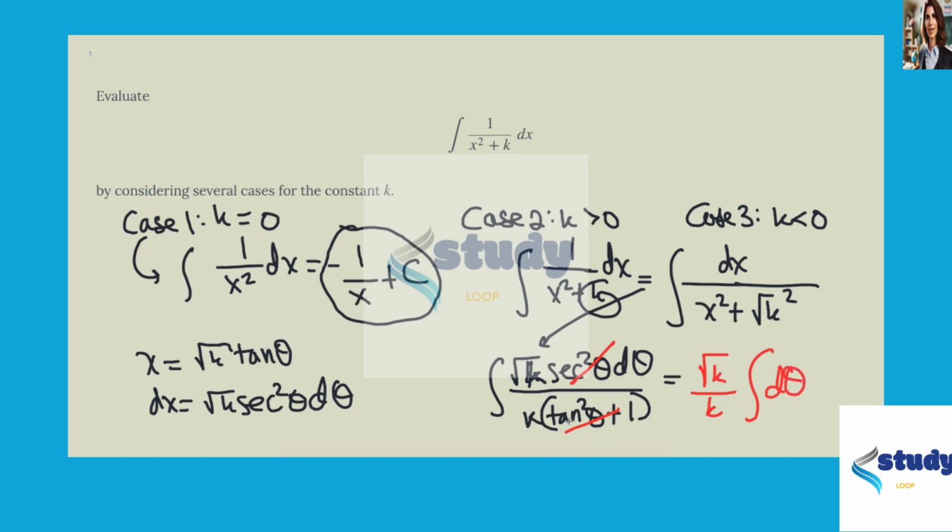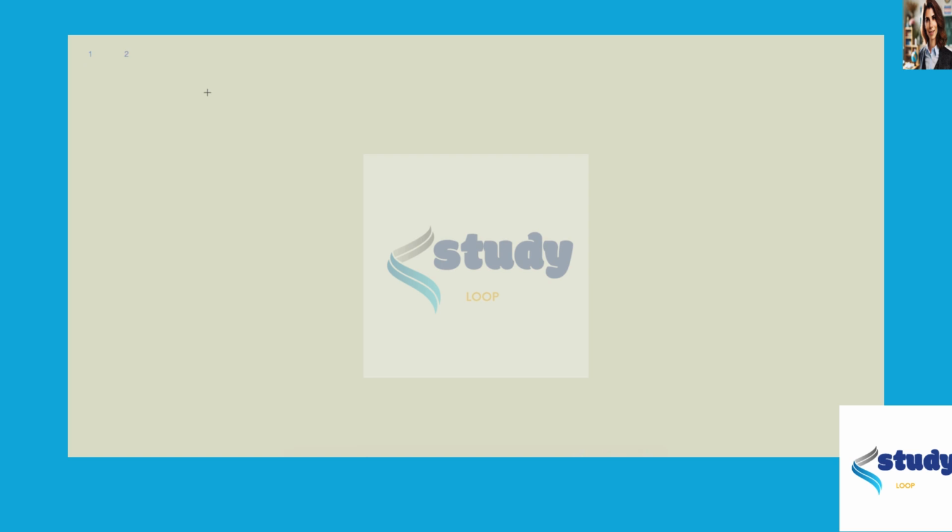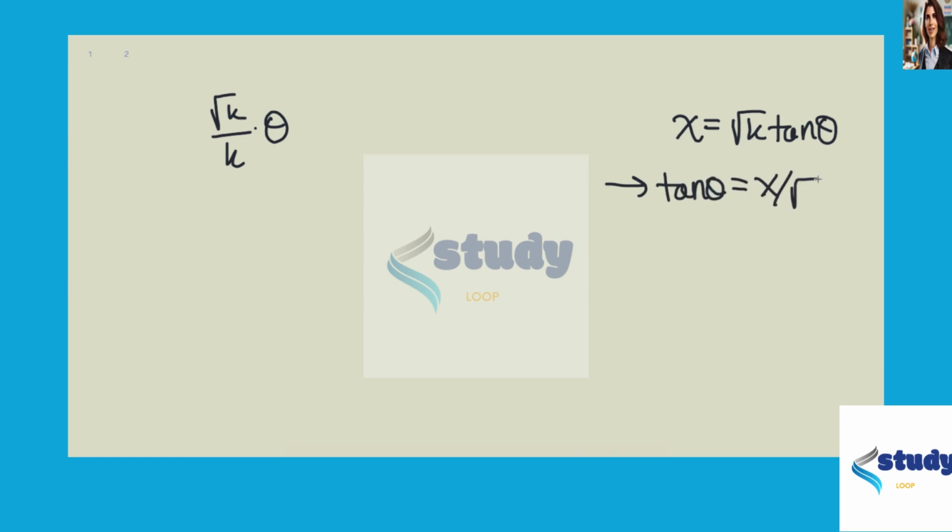Pull out the constant. And now, let's go to the next page since I'm running out of room here. We have root k over k times the integral of d theta, which is just theta. And then using our trig sub over here, x equals root k tangent, we can solve that for theta. So divide both sides by the radical, and then take the arctan on both sides.